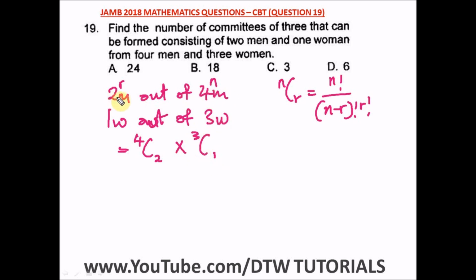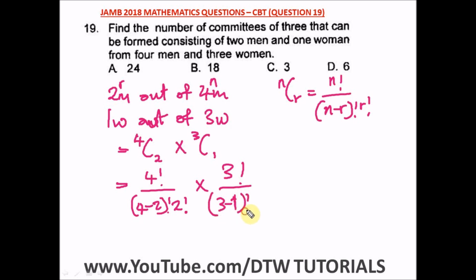That is selecting 2 men out of 4 men and 1 woman out of 3 women. So from here we have 4 factorial over 4 minus 2 all factorial, then 2 factorial, and we have here 3 factorial over 3 minus 1 factorial, 1 factorial.